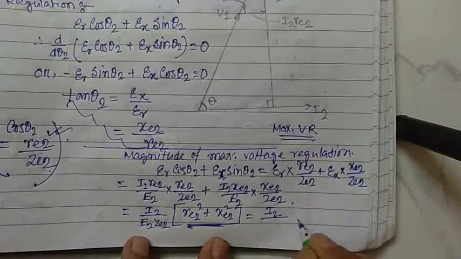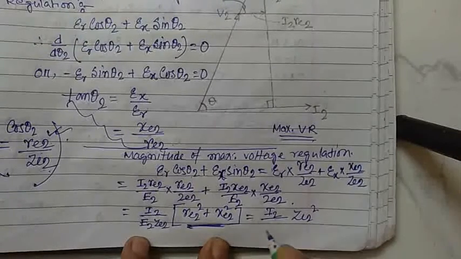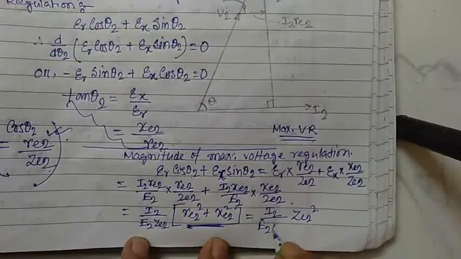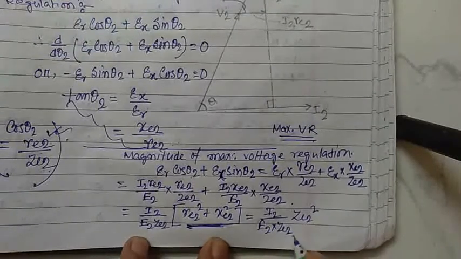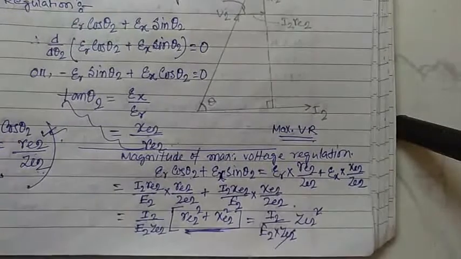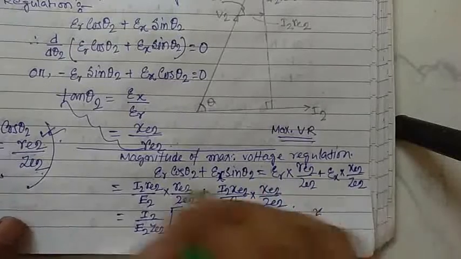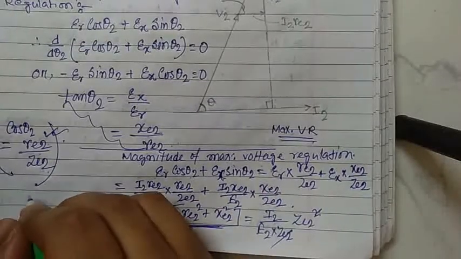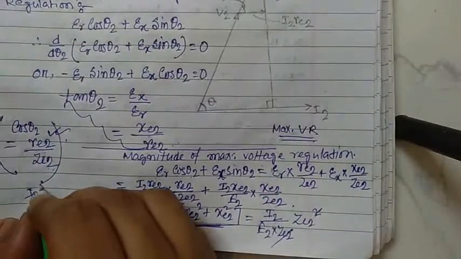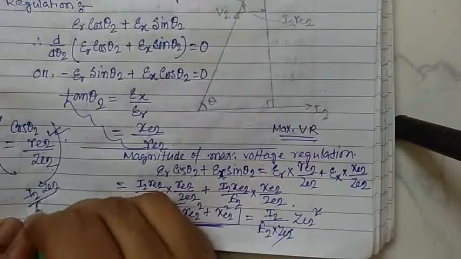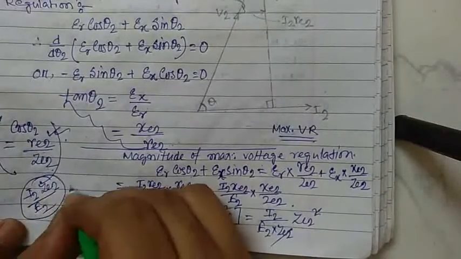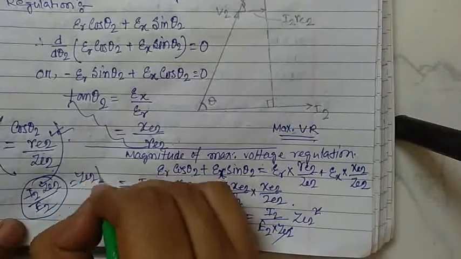So I2 Ze2 square over E2 into Ze2. Ze2 cancels out, so the magnitude of maximum voltage regulation is nothing but I2 Ze2 by E2. So this is Ze2 per unit.